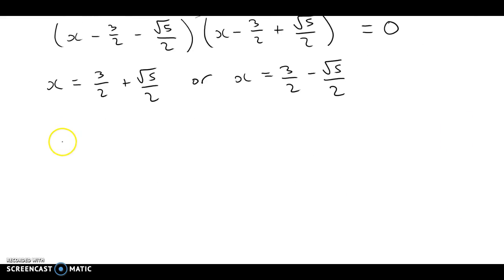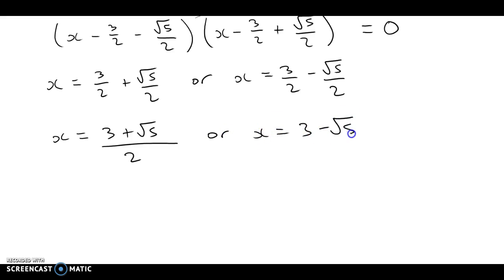I'm going to write this with one denominator, x equals 3 plus root 5 over 2, or x equals 3 minus root 5 over 2. And a simple way of writing those together is actually just to write x equals 3 plus or minus root 5 over 2.